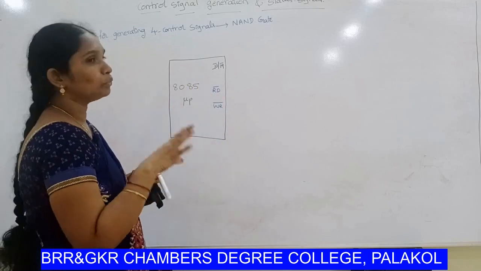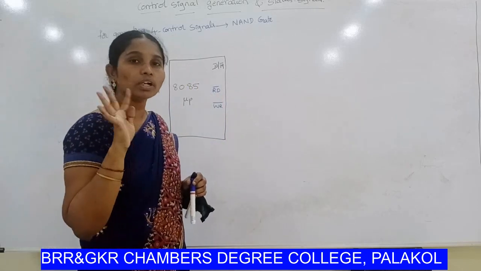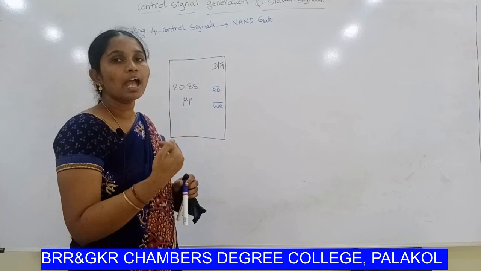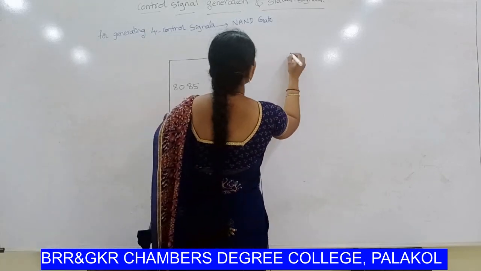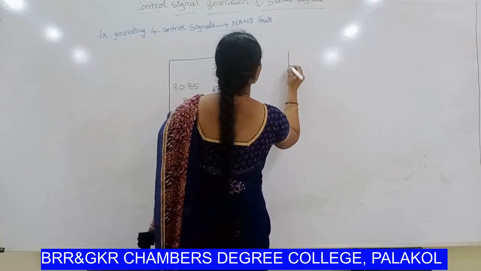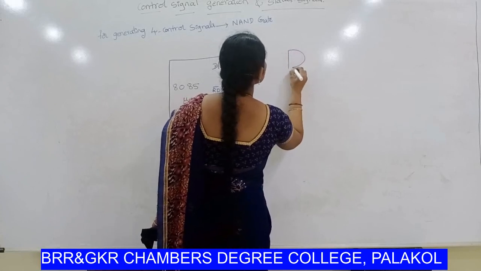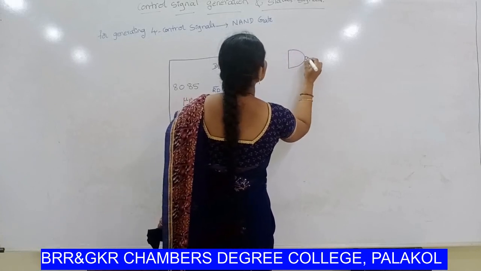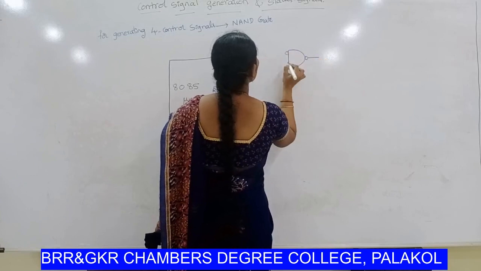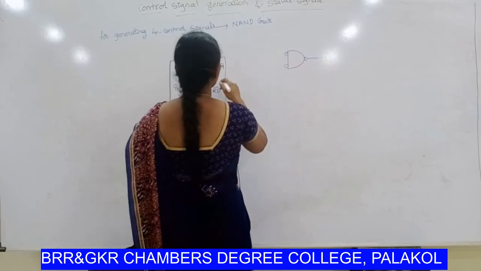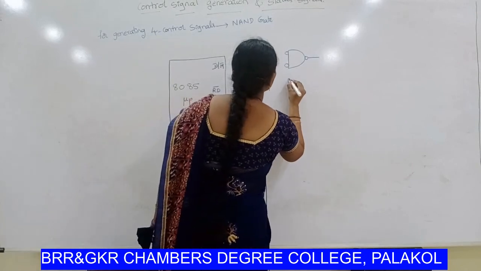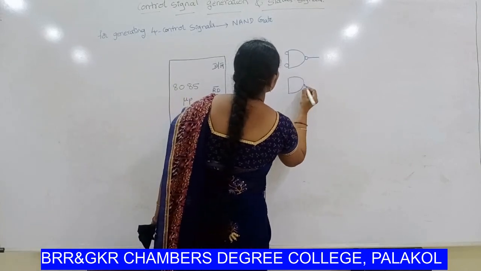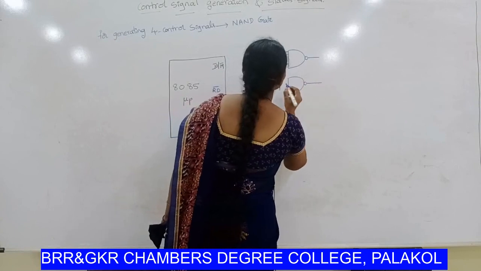Now we have to generate the four control signals, so I use four NAND gates. Here this is a NAND gate, and I am using a bubble, because these all are active low signals. Another one is also a NAND gate.